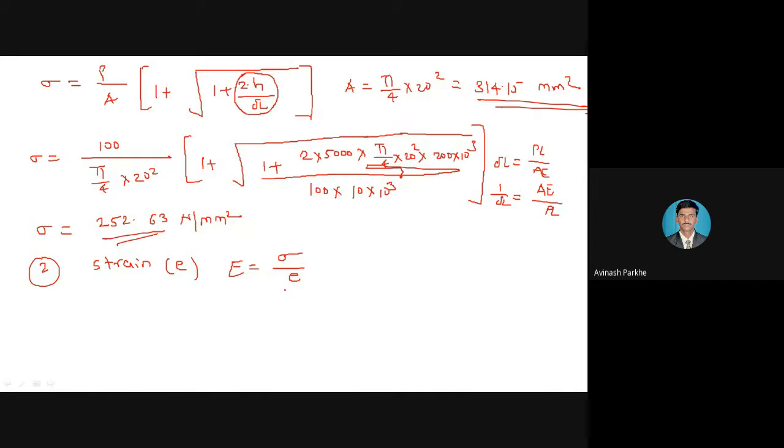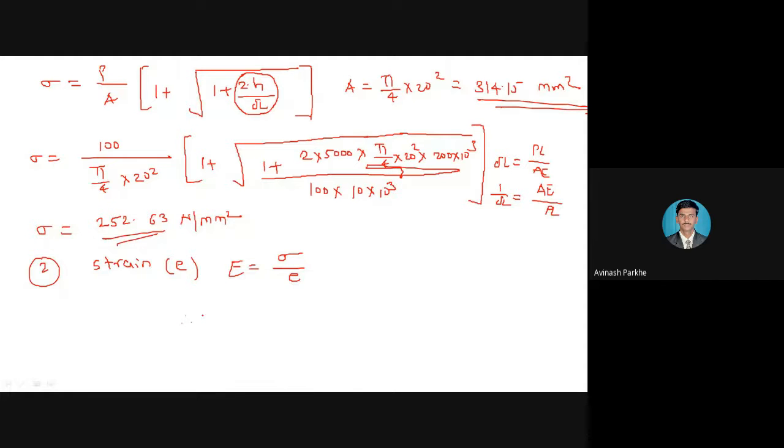Why? Because whatever the movable load is, it is applied along the axis, and due to that load, whatever stress is induced is the linear stress, and whatever strain is induced will be the linear strain.